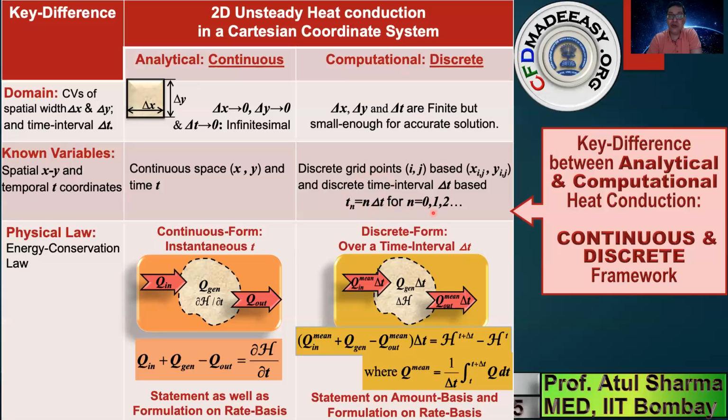So let us use the energy conservation law over a time interval, between 0 and delta t, or delta t and 2 delta t, 2 delta t and 3 delta t. And over this time interval, the amount of heat which is entering is expressed as a product of the rate of heat transfer multiplied by the time interval.